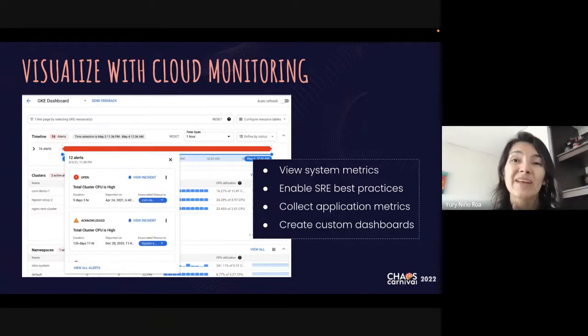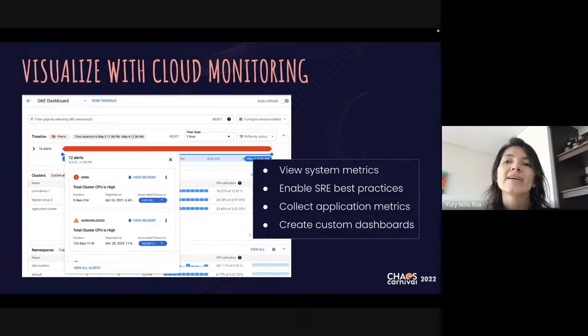Enable SRE best practices extensively used by a cloud provider, including SLOs and SLAs. Here I am referring to the classical golden metrics that I mentioned, and collecting application metrics from workloads on GKE with the managed metrics collection pipeline. And finally, creating these features allows us to create custom dashboards.